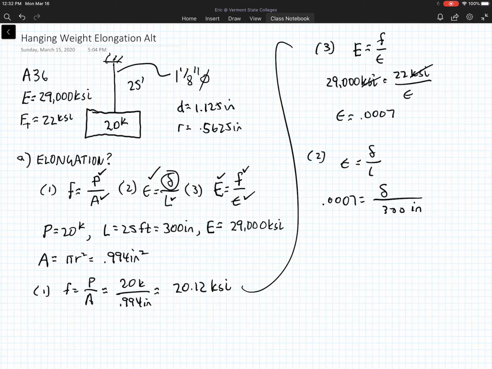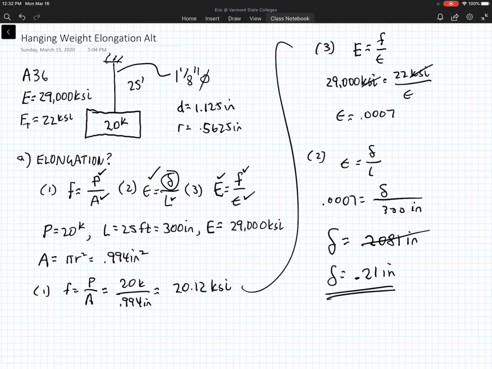Units, I'm in pretty good shape. This is going to be inches. This is unitless, and we get an elongation of 0.02081. And I'm not going to show this because it's too many decimals. We only need hundredths of an inch, and we get elongation of 0.21 inches.